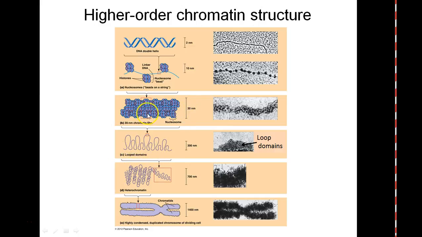So the 30 nanometer fiber is looping, forming those large loops, and we can see them under the microscope as well. And finally, loops are folded into higher orders. And finally, at the end, we have mitotic chromosomes, which look under the microscope like this.